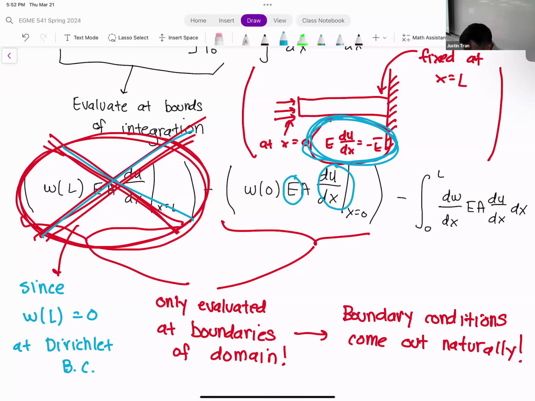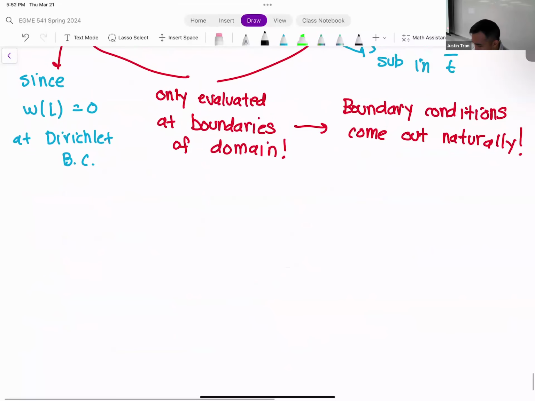And so we can substitute that for t. All right, and so that's great. And so now we can kind of put all this together.